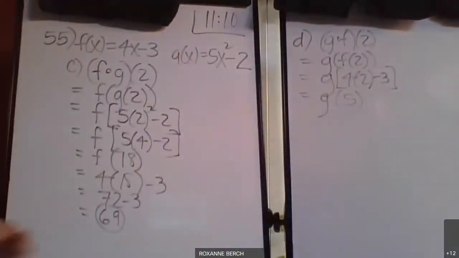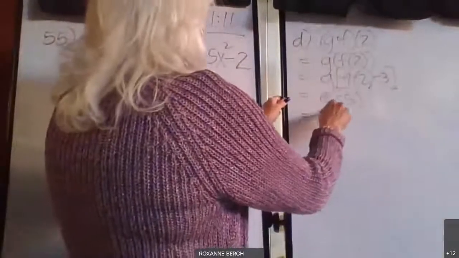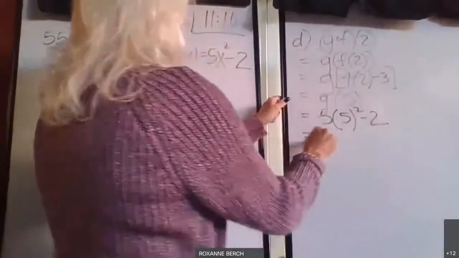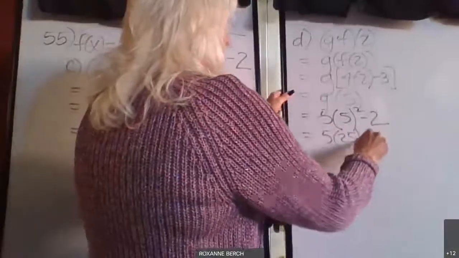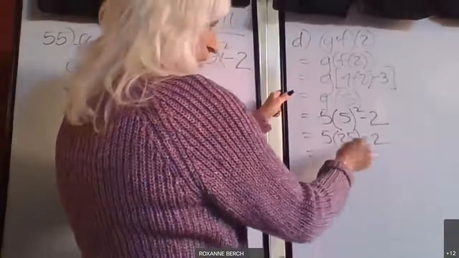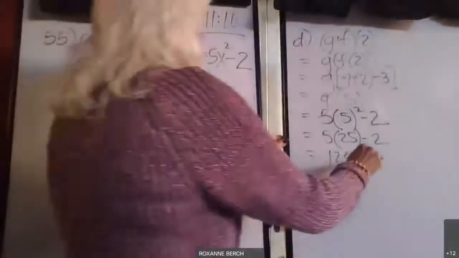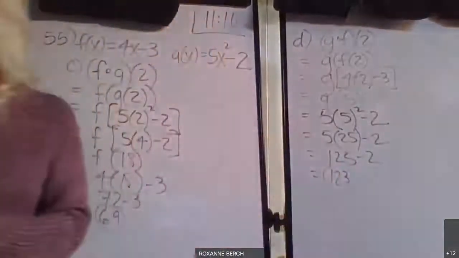And now we're evaluating the g function. So that would be 5 times 5 quantity squared minus 2, which is 5 times 25 following the order of operations. So 5 times 25 is, I think, 125 minus 2. So the answer is 123.